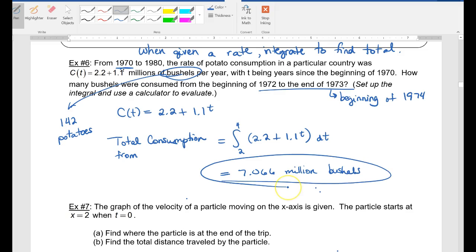You can figure that part out. How do you figure out how many potatoes? Multiply by 1,000,000 and then multiply by the number of potatoes per bushel. It's a big number, 1,040,370,000. Oh, it's 1,000,000,000.